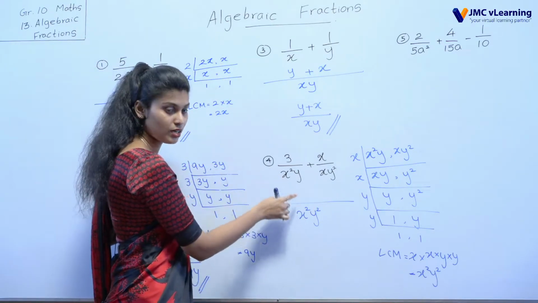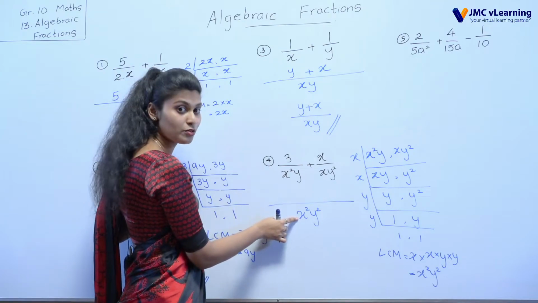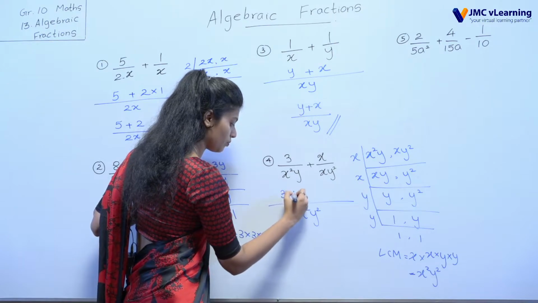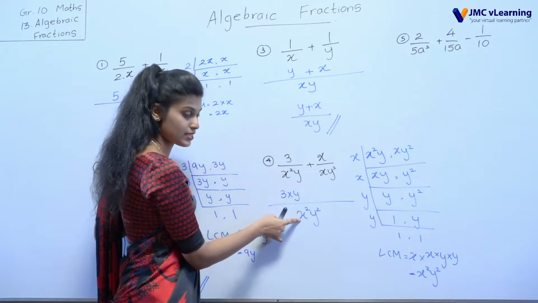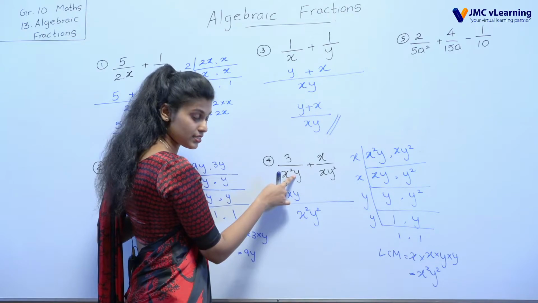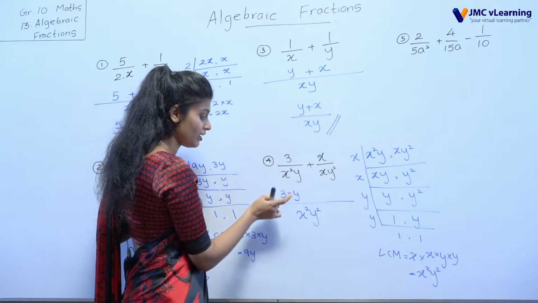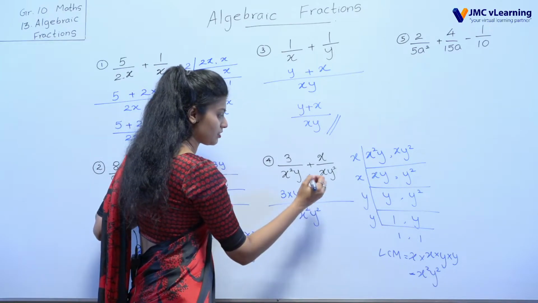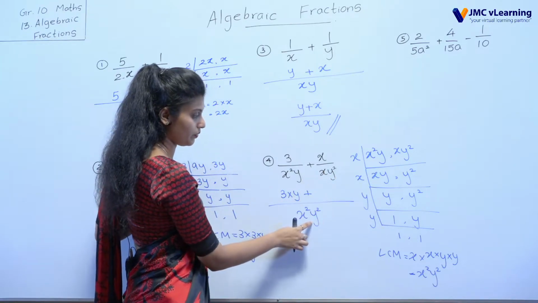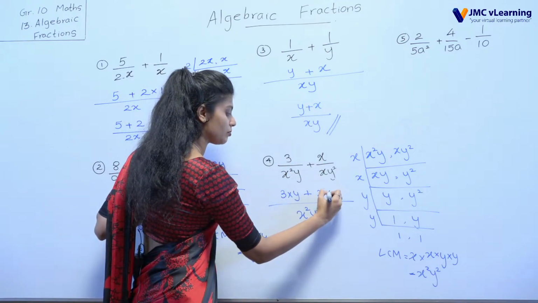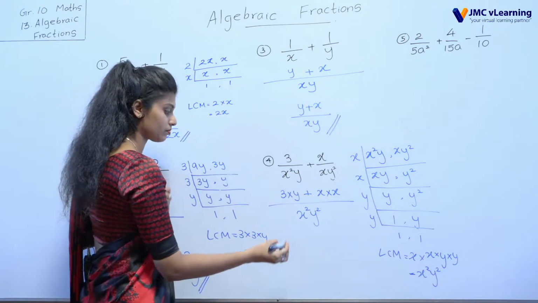Then when you consider these two denominators, you have to multiply the numerator by y, 3 into y, because 2 x's are in there, only one y is there, here 2. So you have to multiply 3 by y. Then plus here 2 x squared y, then only one x is left, then again multiply x into x.